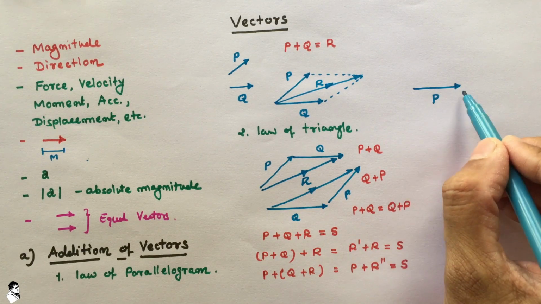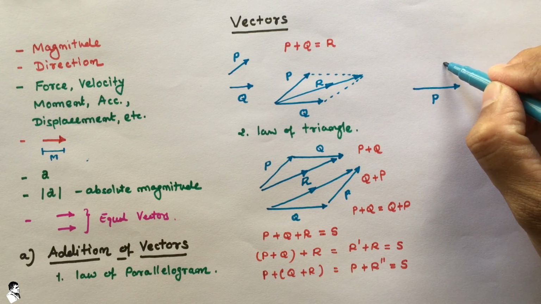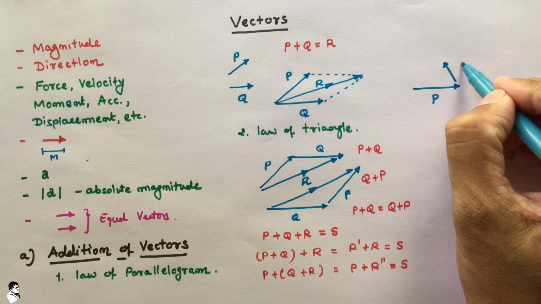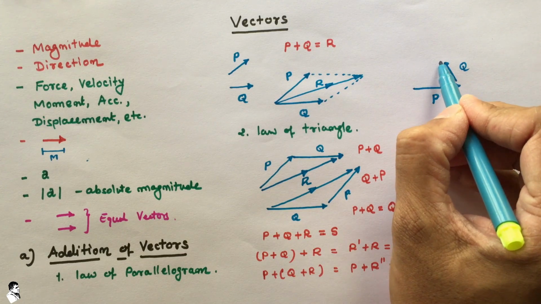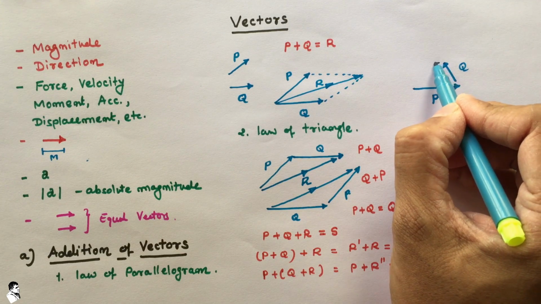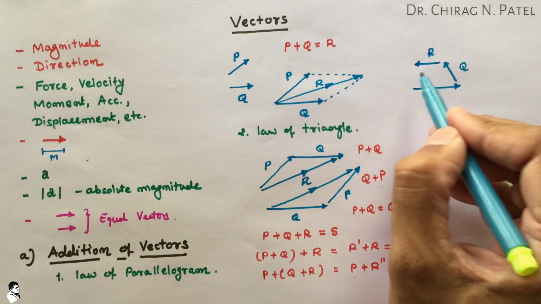This is the tail and this is the head of the P vector. Now we have another vector, the Q vector, again starting with its proper direction and magnitude. Then we have another vector, our R vector.